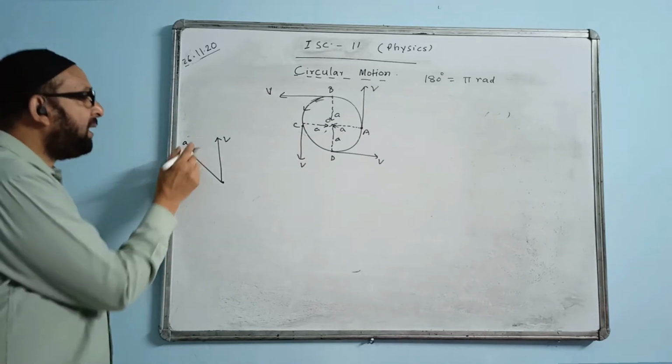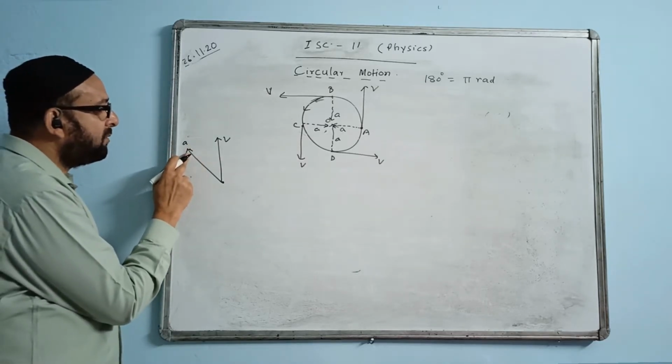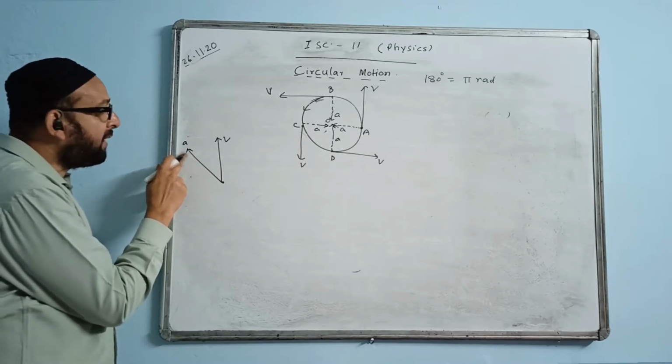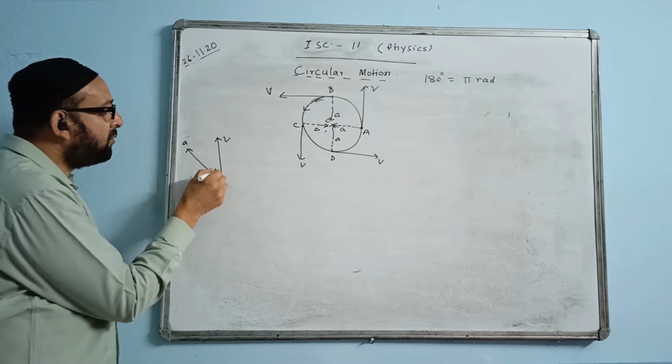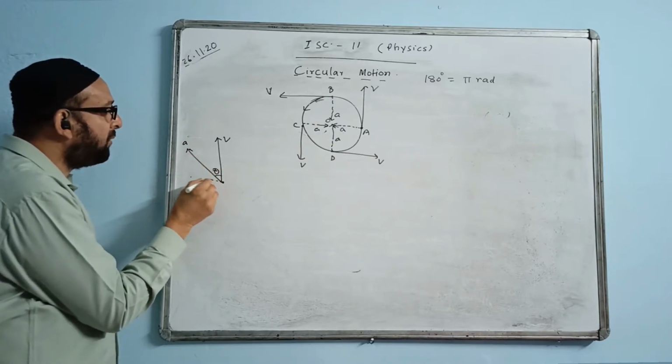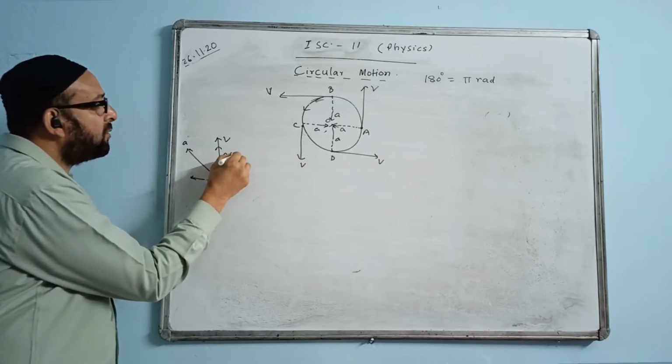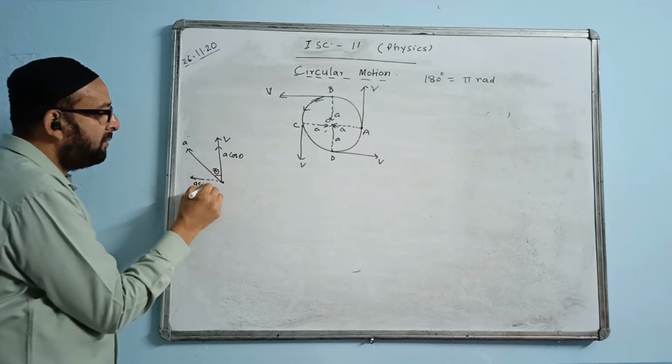Then what will happen? This A now becomes breakable into components. Here is the angle made. So this A we can break into two components. One component will be here, one component will be here. The values will become A cos theta and A sin theta.